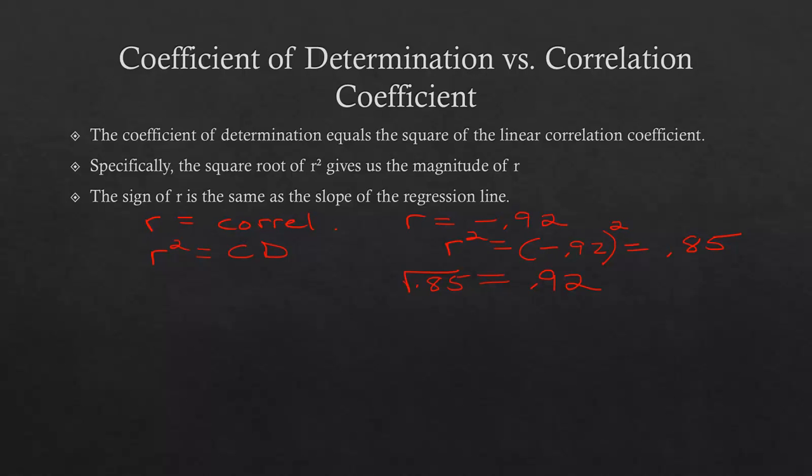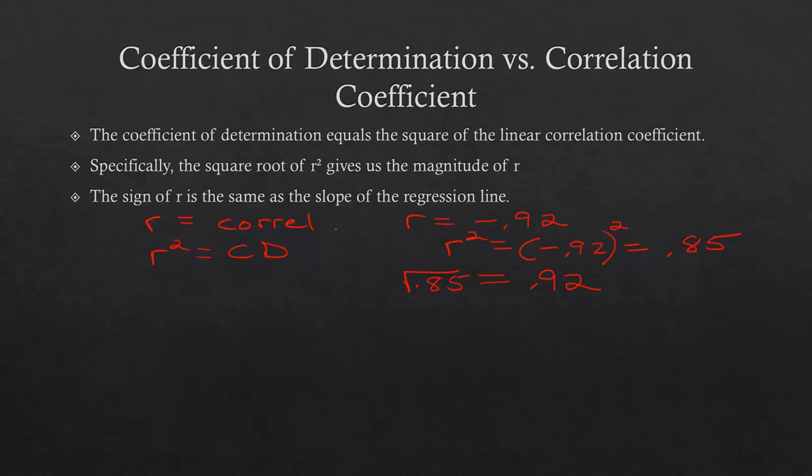Our correlation is negative. So in order for you to get the correct correlation off of this, if you were trying to take the square root of the coefficient of determination like we did here, and figure out what the correlation was, you would have to know the slope of the regression line. And we do. We found this regression equation a long time ago, so you can look in your calculator and find it. The slope of that line was negative.